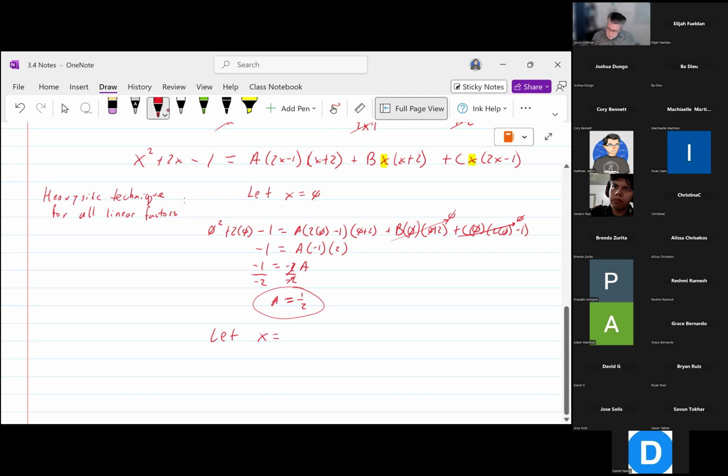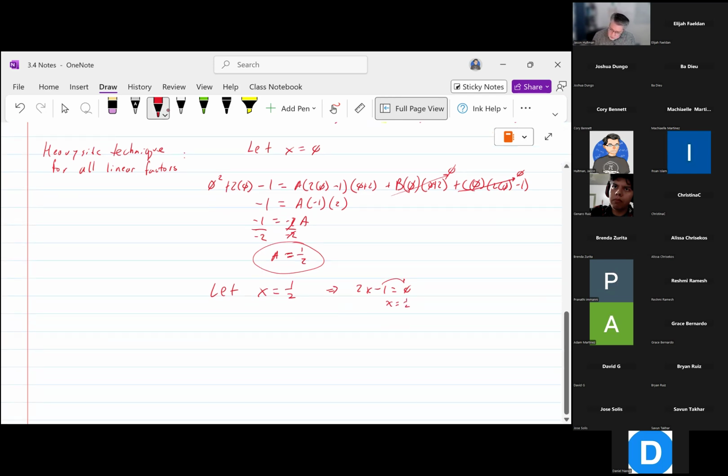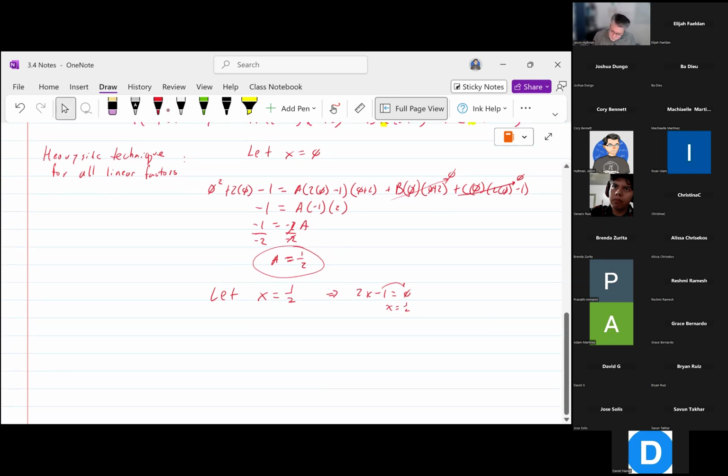Let x equal what? 1/2. Yeah, 1/2, exactly. So if I let x equal 1/2, then 2x minus 1 is equal to 0. And if you don't see that right away, you can always just solve for x. You could toss the 1 to the other side, divide by 2, and we get x is equal to 1/2. Okay, so let's plug in 1/2 now into both sides.